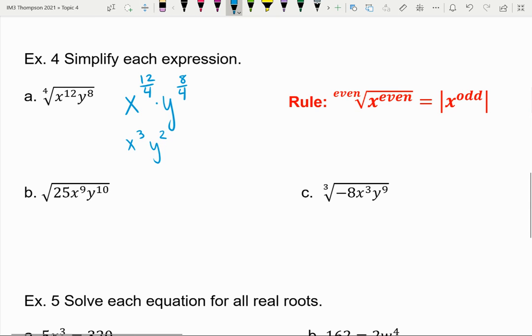So to cover all options, when this is an odd number, I'm going to use absolute value brackets. So I'm looking for the even root of an even exponent that comes out odd. For example, even root 4, even exponent 12 gives me an odd result.